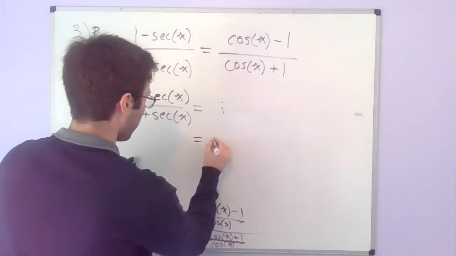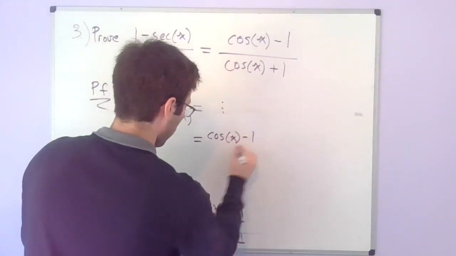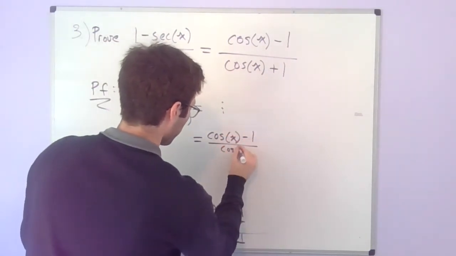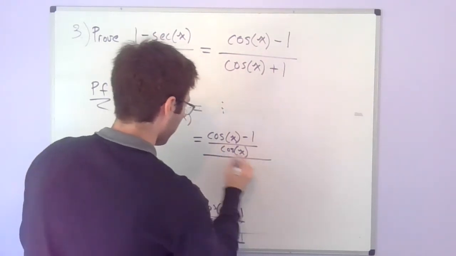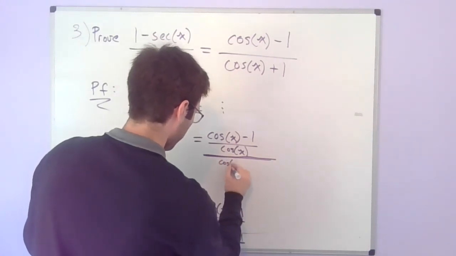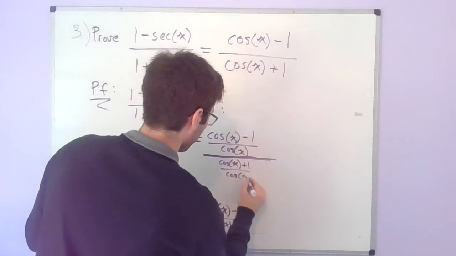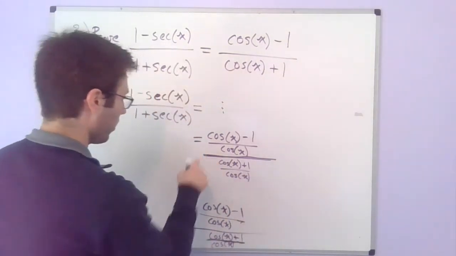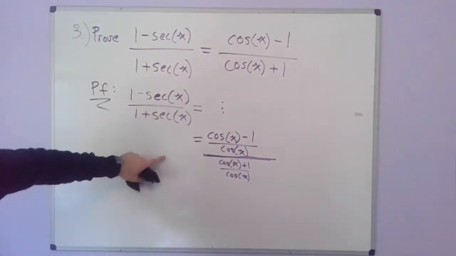We got to the point in our proof where we had cosine x minus 1 over cosine x, and then all divided by, this division symbol was larger, cosine x plus 1 over cosine x. I'm rewriting this here. So we made it here.